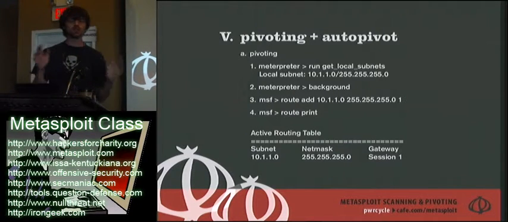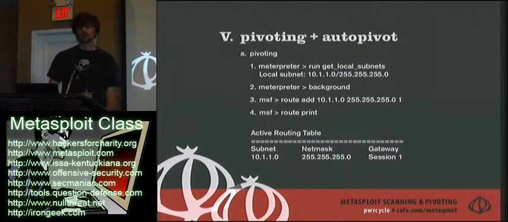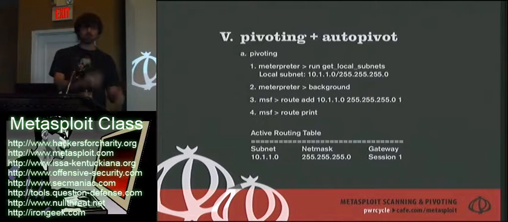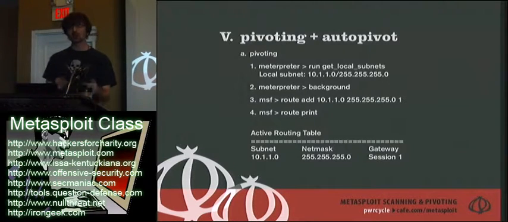So once you get a Meterpreter command line, no matter how you get it, whether it be social engineering or an actual direct exploit, if you run the script get_local_subnets, then it'll tell you what it can see. Usually it's going to be some private IP address if it's in some corporate environment. So if you then background that session, go to your msfconsole and add a route for the new subnet that you just saw on the box you popped, then any scans you do on that internal subnet will be routed through the box you already have.